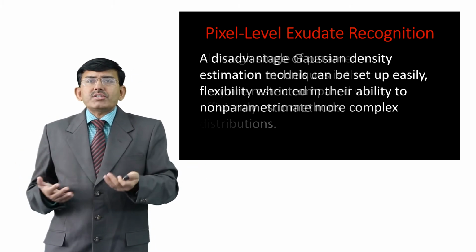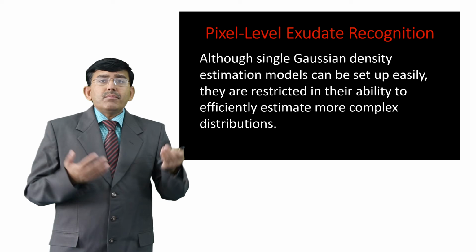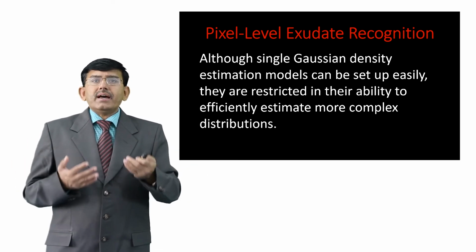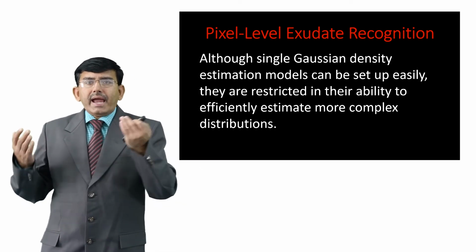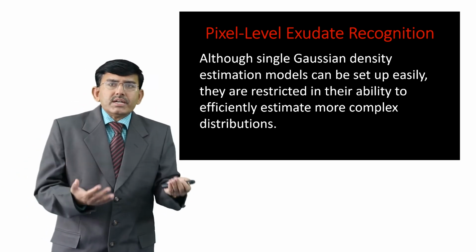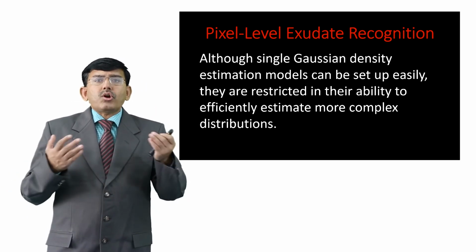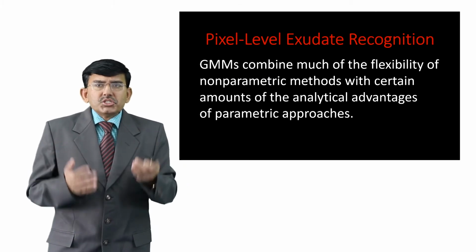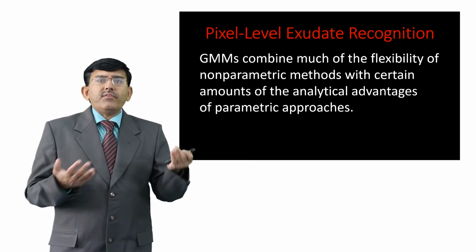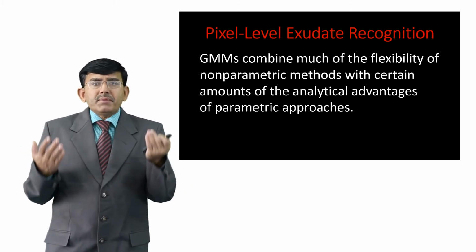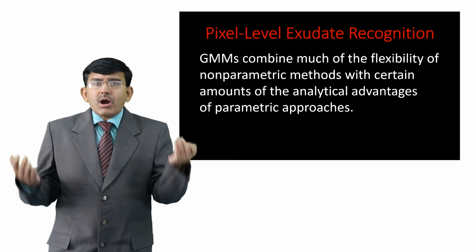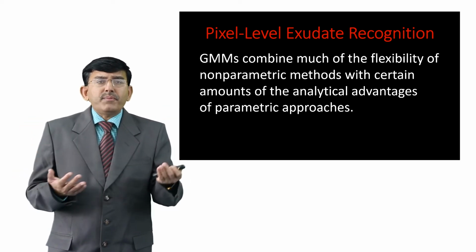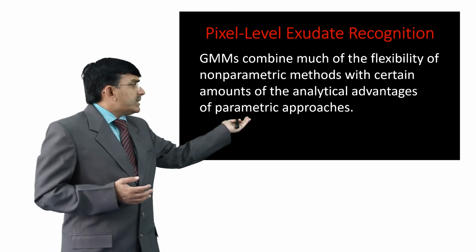Although single Gaussian density estimation models can be set up easily, they are restricted in their ability to efficiently estimate more complex distributions. GMM combines much of the flexibility of non-parametric methods with a certain amount of the analytical advantages of parametric approaches.